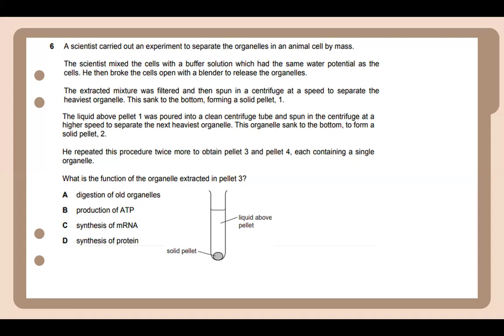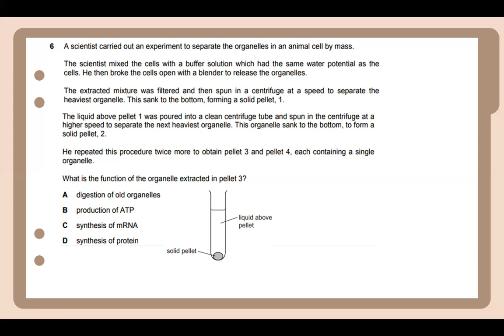Scientists carry out an experiment to separate the organelles in animal cells by mass. The scientists mixed the cells with a buffer solution which had the same water potential as the cells. They then broke the cells open with a blender to release the organelles. The extracted mixture was filtered and then spun in a centrifuge at a speed to separate the heaviest organelle.